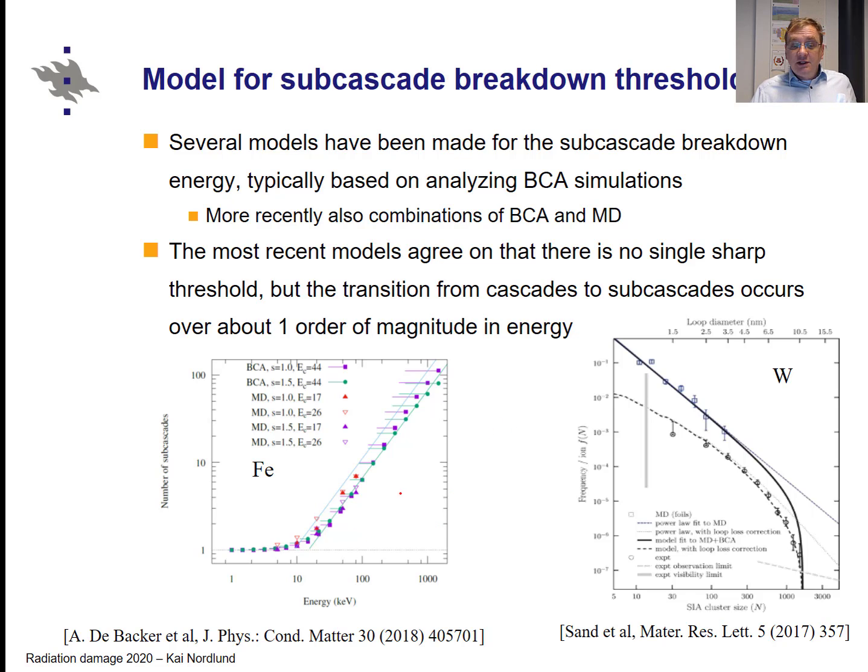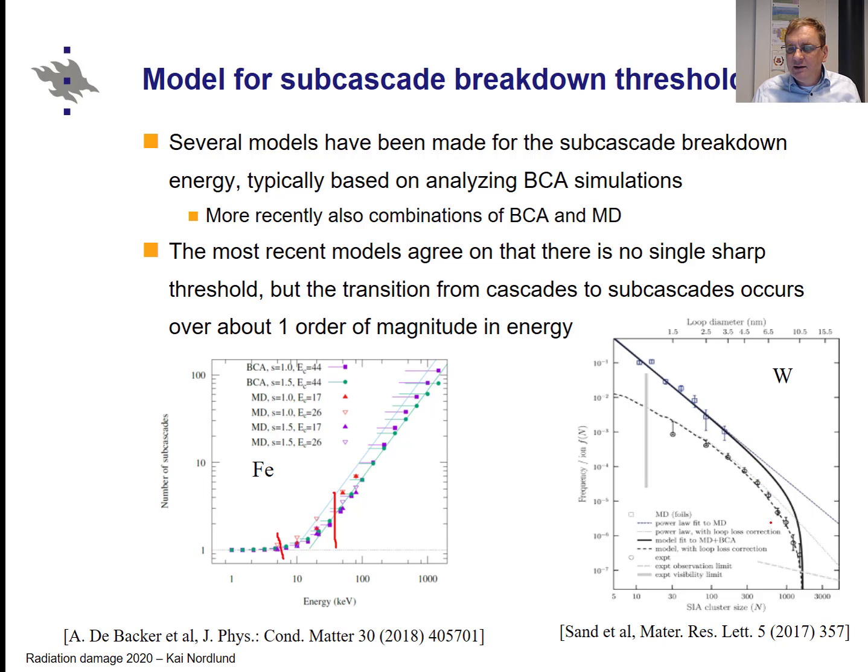And rather recently there have been systematic studies combining BCA and MD, which basically show, without going into detail, that one can recognize a number of subcascades, that there is a regime where the number of subcascades starts increasing and then goes into a linear increasing regime. So in this case one could say that the subcascade threshold is an energy regime between roughly 5 keV and roughly 50 keV in the case of iron.